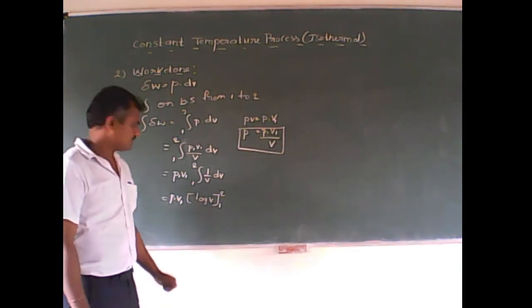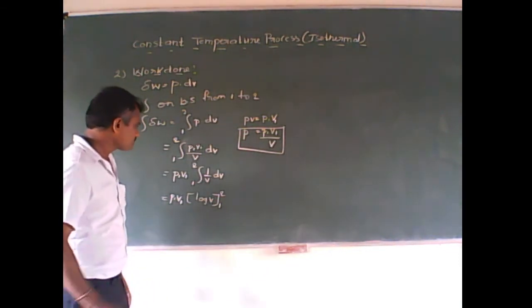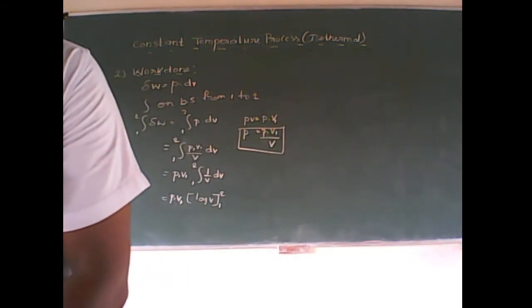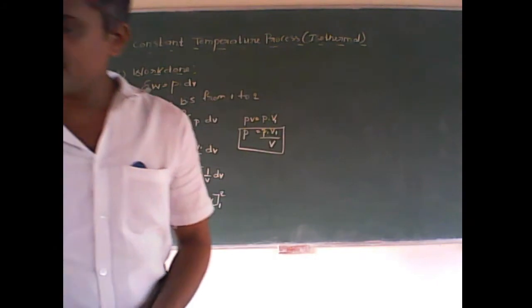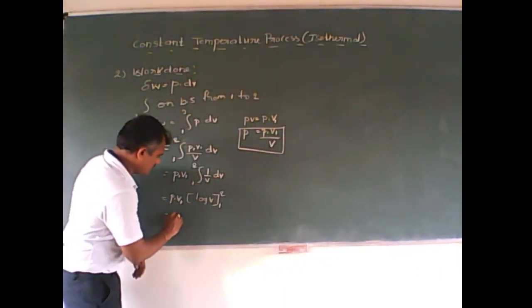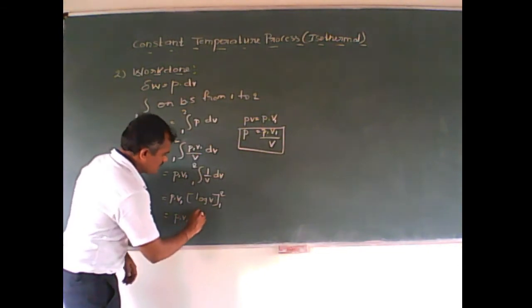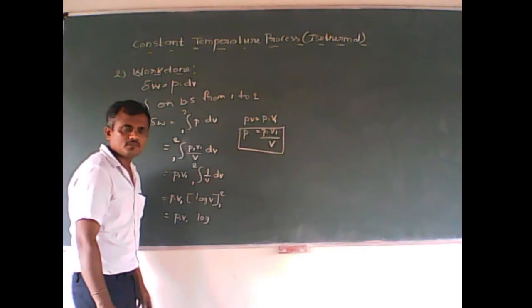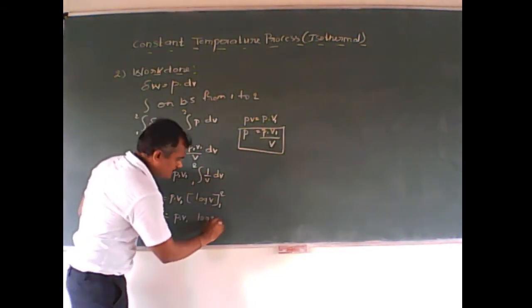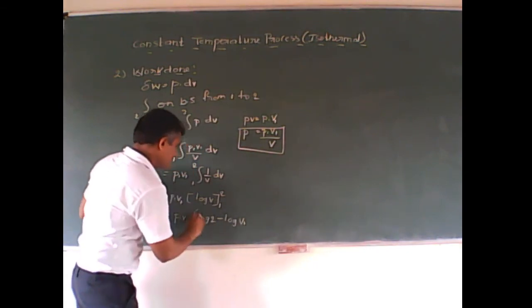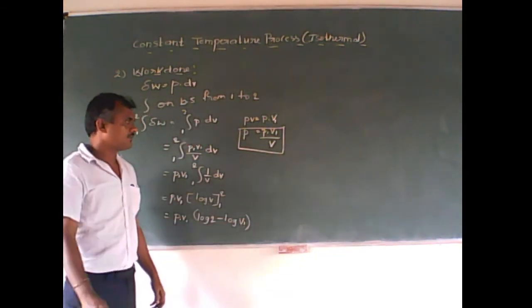Okay. So in this, what can we write? P1 V1 into log V. Again when we expand this, P1 V1 log V2, with the upper limit 2 minus the lower limit V1, this is what we obtained.